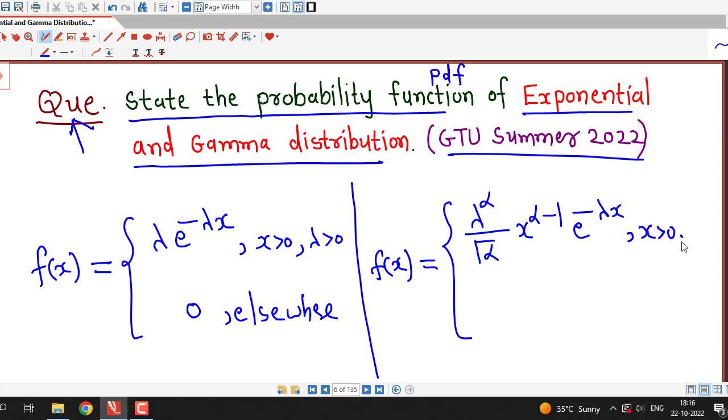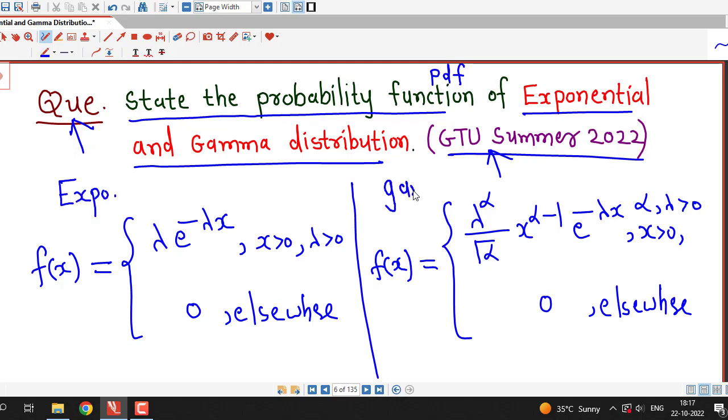Here x is positive, alpha and lambda are also positive real numbers, and it is 0 elsewhere. Either we can write it with alpha and lambda parameters, or we can write the PDF in the form of alpha and beta. This question was asked in GTU summer 2022. You have to just write down the probability functions of exponential and gamma probability distributions.